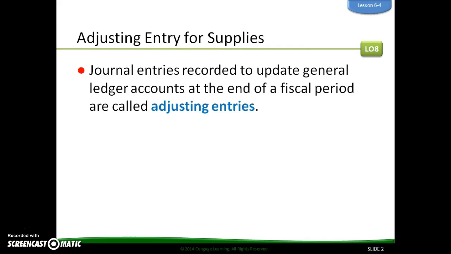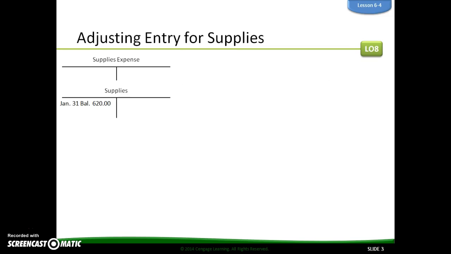Sounds pretty straightforward. Journal entries are recorded to update general ledger accounts at the end of a fiscal period, and they're called adjusting entries. At the end of a fiscal period, you're looking at month end, and you would always post these on the last day of the month for whatever month you're working in.